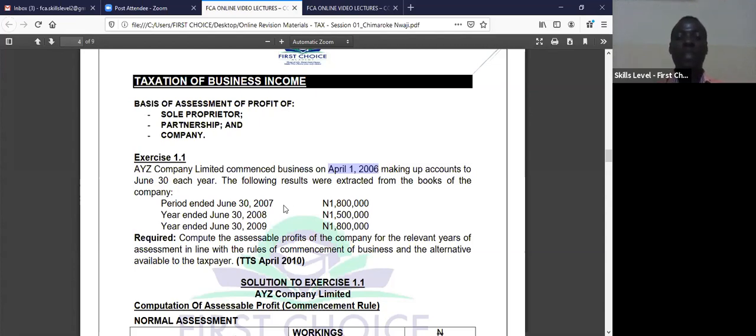But if you observe here, this is June 30, 2007. So there's another 1 year from July 2006 to June 2007, 12 months. Add 12 months to the 3 months you've calculated, it means that this period here is 15 months. So this figure here contains a 15 months figure, while here are 12 months figures.